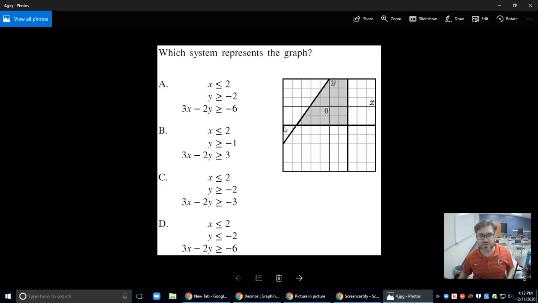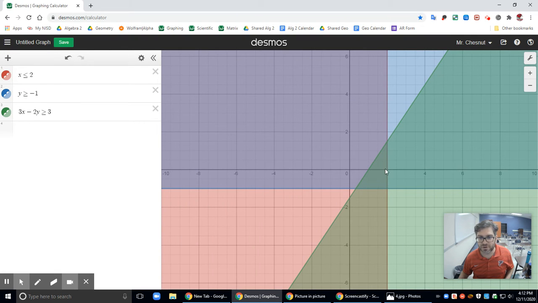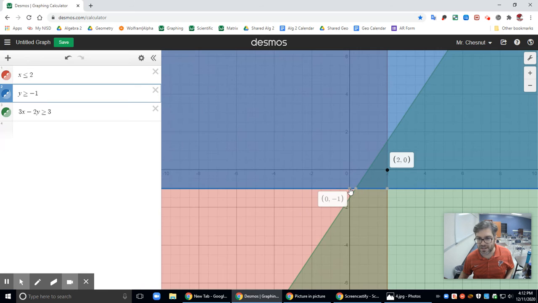So you want to pay attention to where your lines are. You have a vertical line going through 2 on the x-axis and a horizontal line going through negative 2 on the y-axis. You want to make sure you have a line going through 2 on the x-axis, which I do, and a line going through negative 2 on the y-axis. This line goes through negative 1 on the y-axis. That's from this one right here.